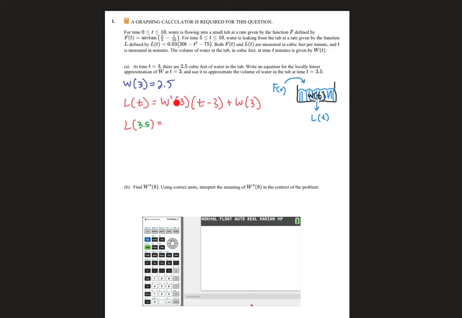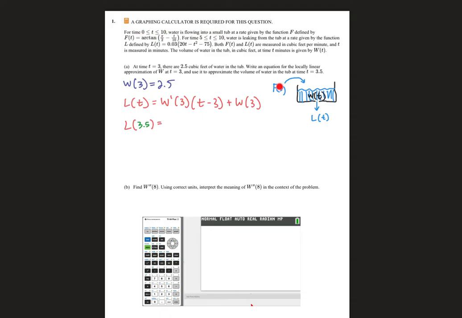Because W represents the volume of water, so W prime will be the rate that the volume of water is changing in the tub.